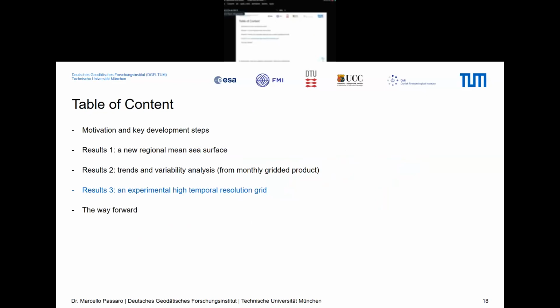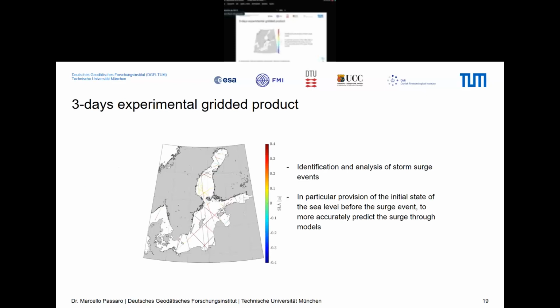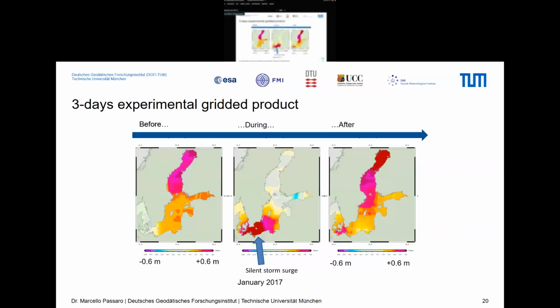As a third result, I show an experimental gridded product, which was used to demonstrate how this data can also be used to initialize models, used to predict storm surges, for example. And here we see the evolution of sea level during the Xaver storm surge in 2017. And this is based on the along-track data, and we see some pretty interesting effects here because the Baltic Sea tends to oscillations in sea level.